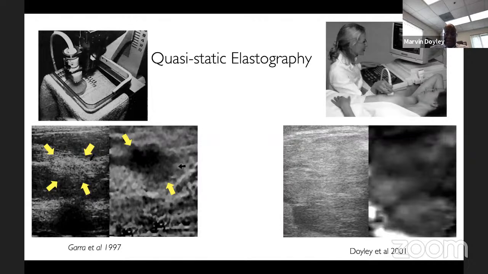So a lot of the time you might find there is an abnormality within the image, but it's not visible because the difference you're seeing is based on mechanical properties rather than the intrinsic properties that the imaging system is designed to detect. And that's one of the reasons why we developed elastography.